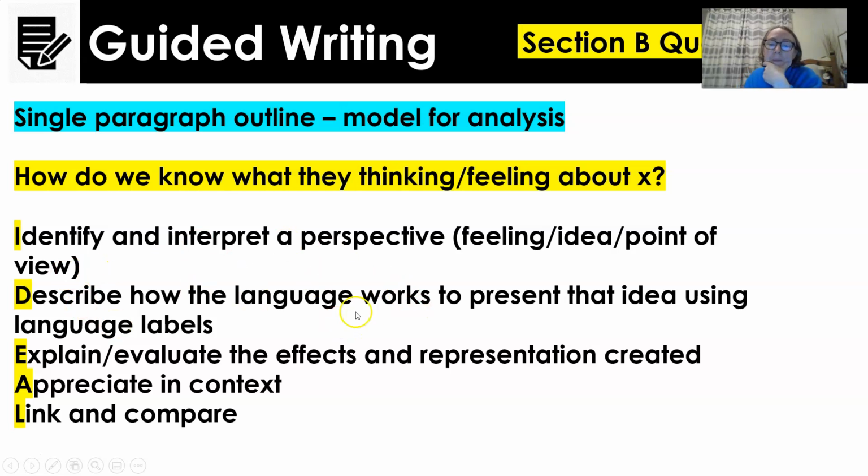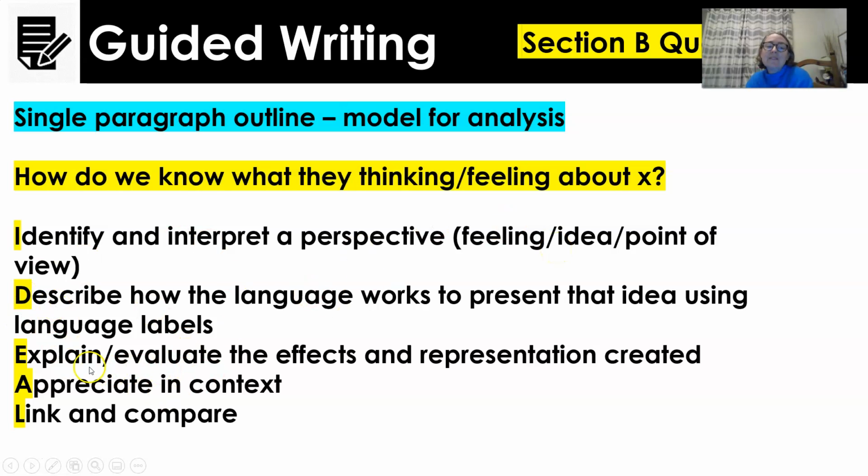So whenever we describe how the language works, the challenge is always to push yourself to describe in as much detail as possible. We also recognize that complex sentences, clause analysis, patterns are higher up the mark scheme. So we identify and interpret a feeling. We then pick and label and describe the language that is linked to that feeling.